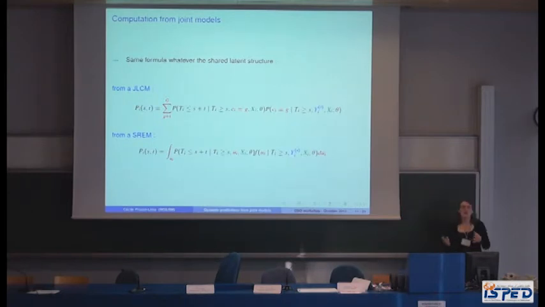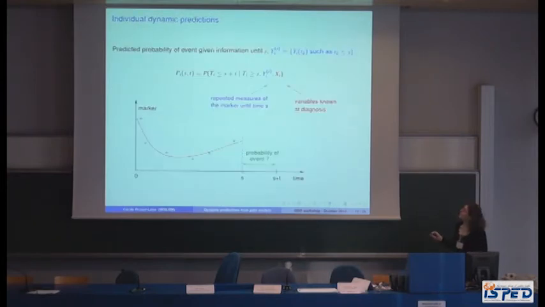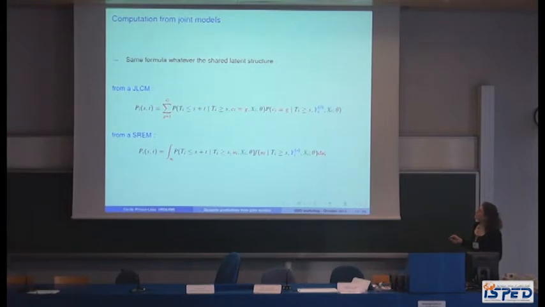Actually, this probability has exactly the same formula, whatever the joint model. It's just based on the decomposition of this conditional probability, according to the shared latent structure. So in a joint latent class model, we will decompose that according to the latent class, and in a shared random effect model, we will decompose that according to the random effect.